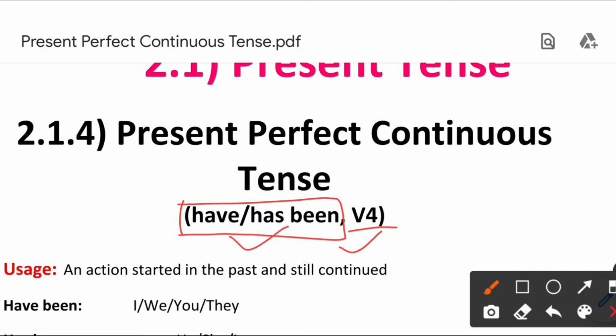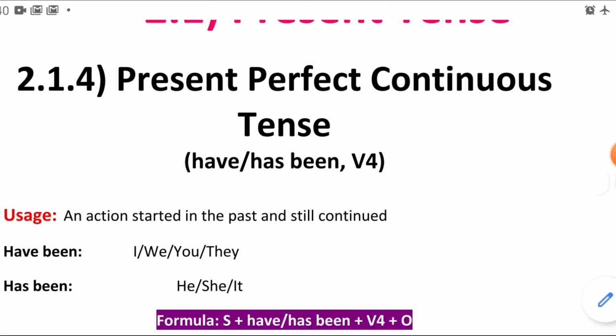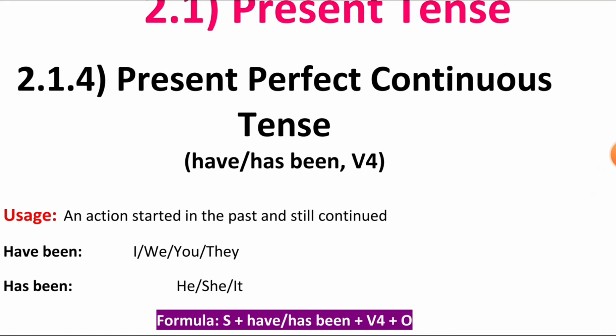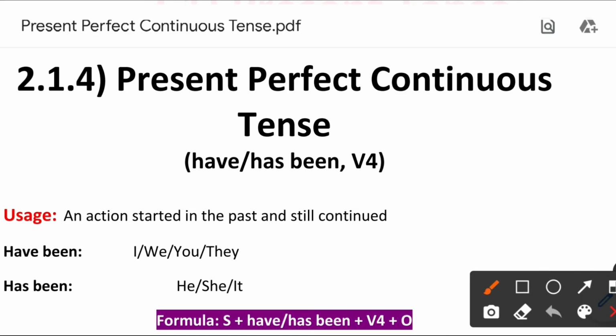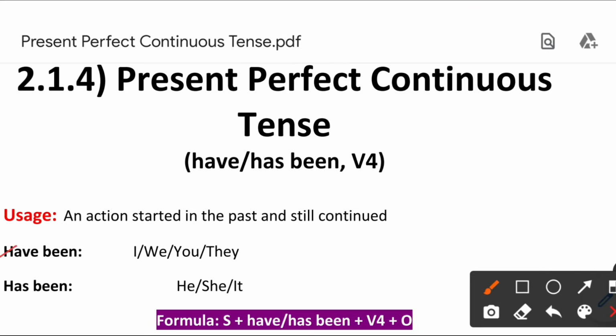Now, before making or starting to make a sentence, it is very important to know when do we have to use have been and has been. Okay, so have been goes with I, we, you, or they, and has been goes with he, she, or it.